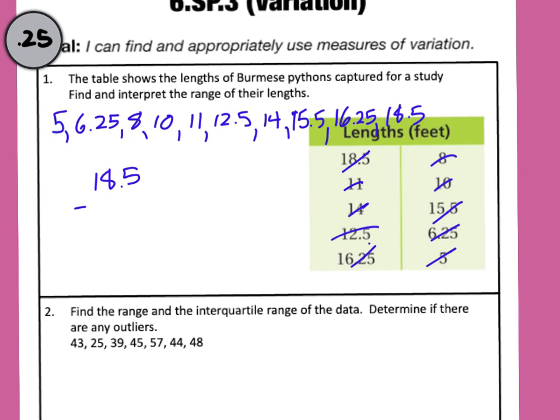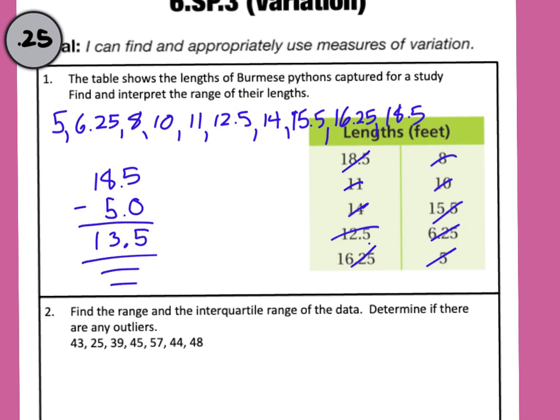And you have to put it in the right place because it goes right there. You can put a 0.0 if you want to. So 5 minus 0 is 5, 8 minus, that's 3, and then 1 minus nothing is 1. So we have a range of 13 and a half.